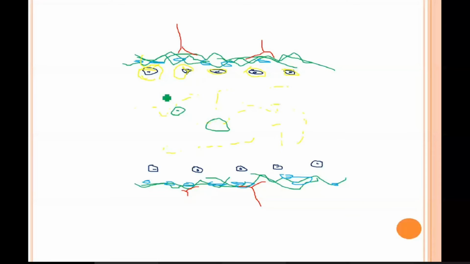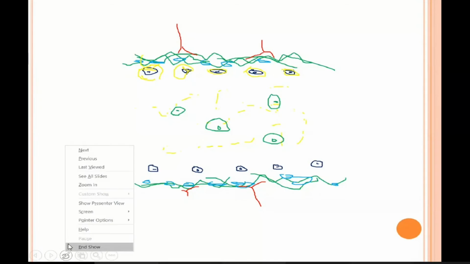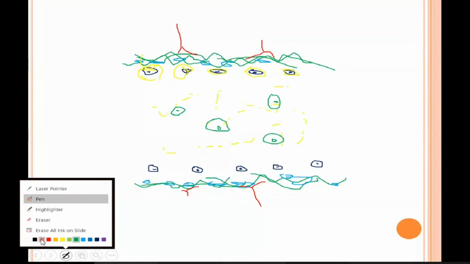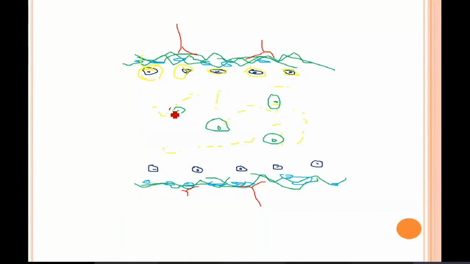These chondrocytes are embedded within the cartilage matrix, and they are trapped within small cavities.